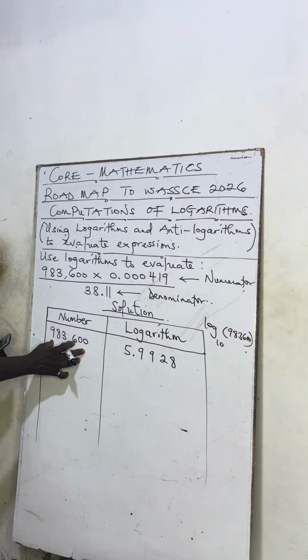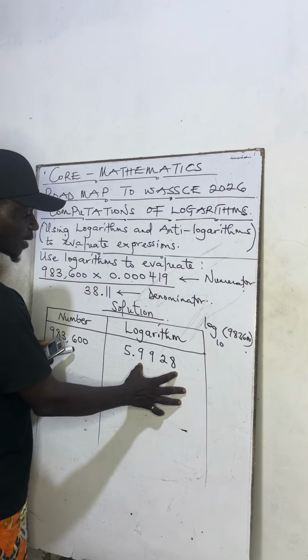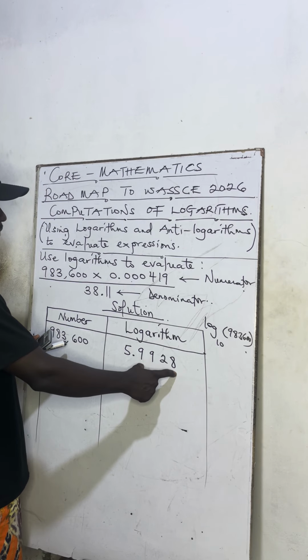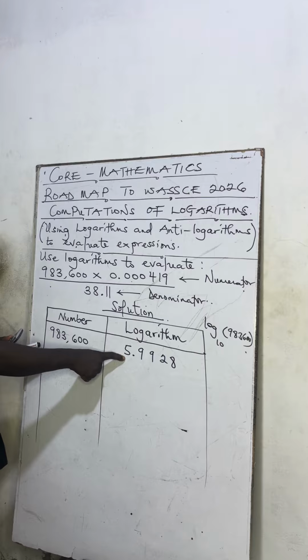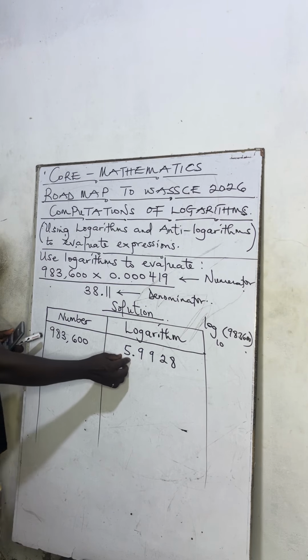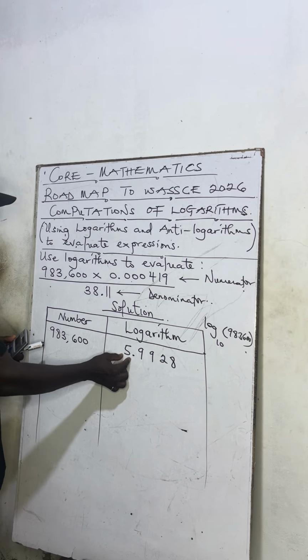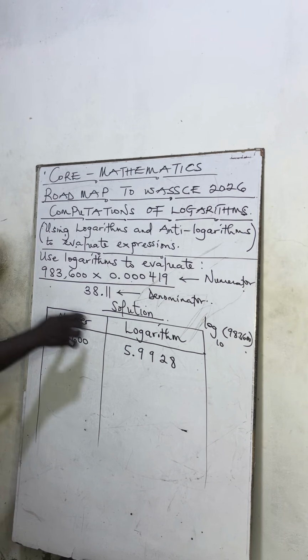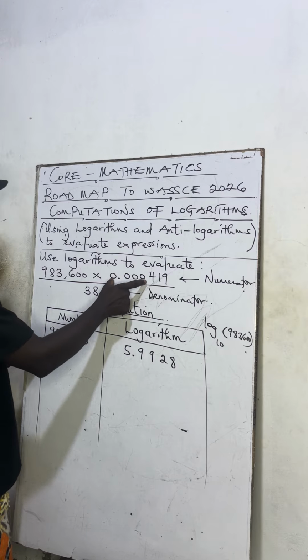We've changed this actual number to logarithm, 5.9928, leaving the decimals to 4 decimal places. The 5 we call the characteristic, and 9928 is the mantissa. So the whole number part and the decimal number part are the characteristic and the mantissa, because it is in logarithm.